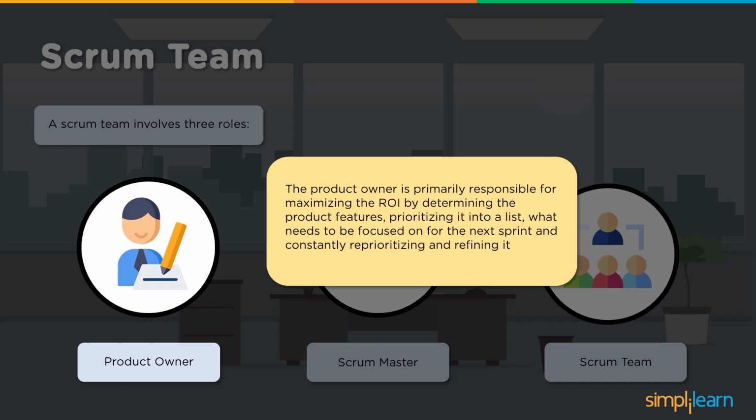Now why does that need to be done? Maximizing ROI means that obviously the product owner should closely work with the business and have insight into what the business requires, what the customer requires, and how it helps the customer to accomplish that result, so that it helps justify the investment they're making in the product's features and functionalities. Then reprioritizing and refining depends on what features need to be delivered in what order.